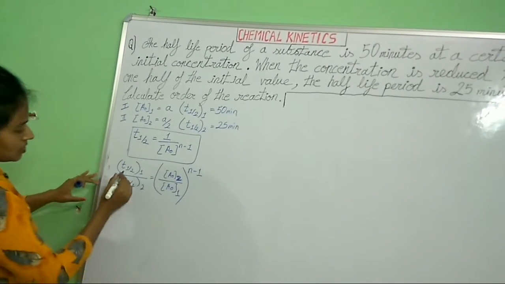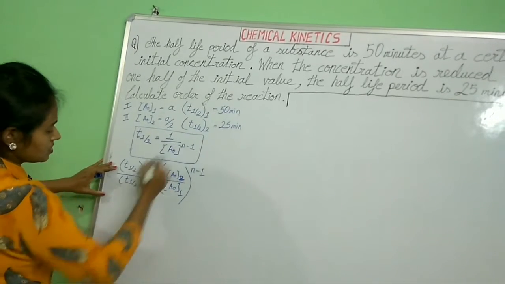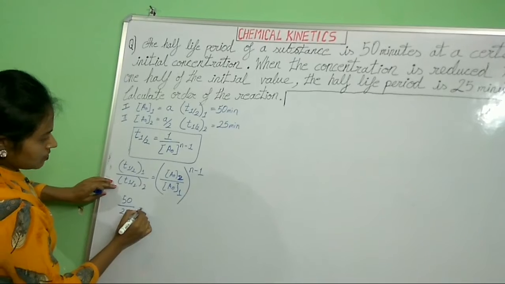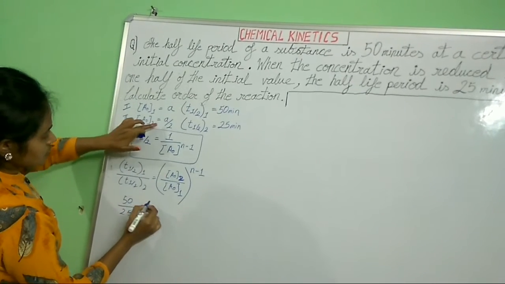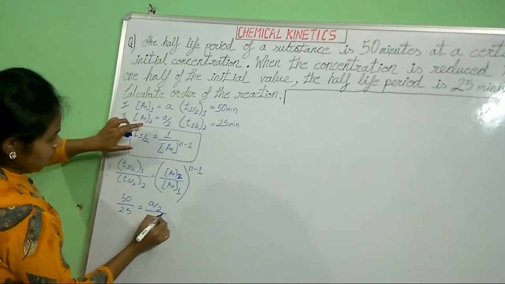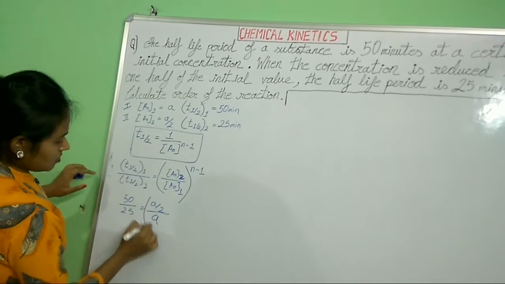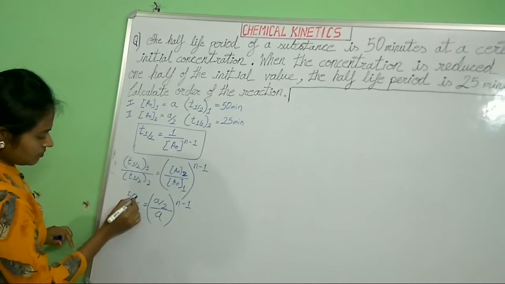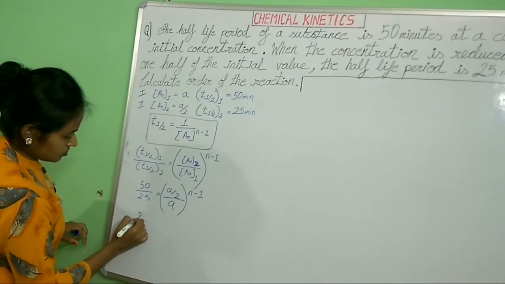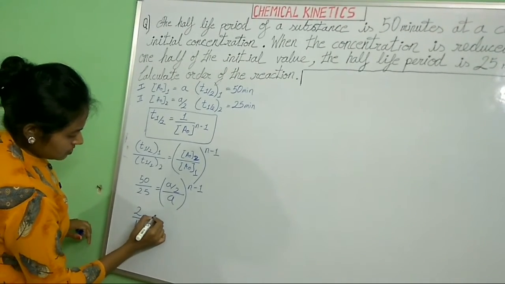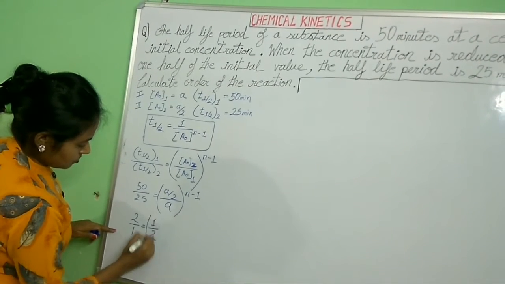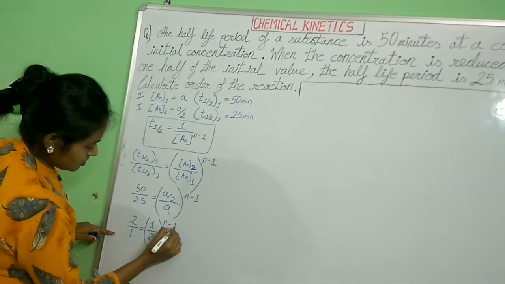Okay, T half for first case is how much it is given? 50. For second case it is 25. For second case initial concentration is A by 2, and for first case it is A, whole to the power n minus 1. Now 25 into 2 is 50. So 2 by 1 is, if you calculate this, 1 by 2 to the power n minus 1.